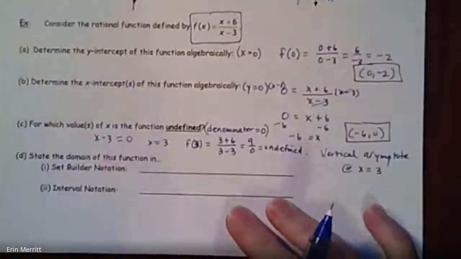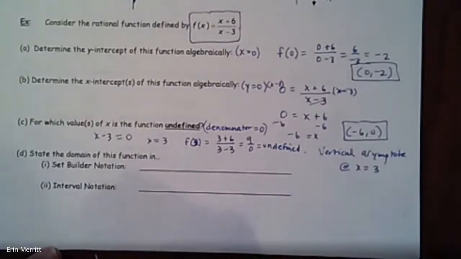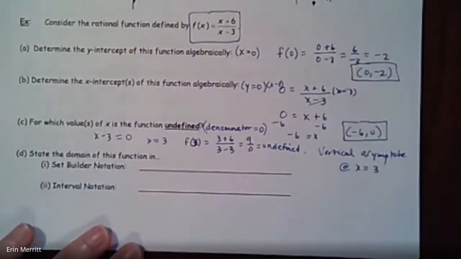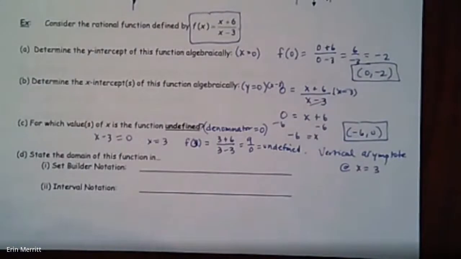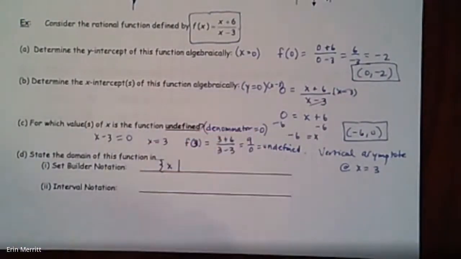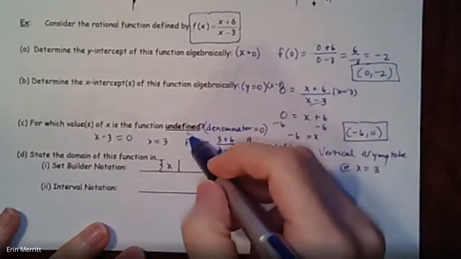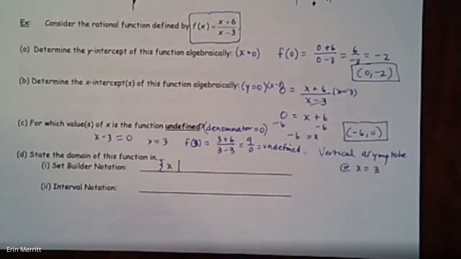All right, for this one, state the domain in set builder notation. We usually called it just set notation, but you guys are familiar with set notation. That's the fancy curly bracket where we go x such that. All right, well, let's think about it. There are no other issues other than where it's undefined. So it can be everything but 3.